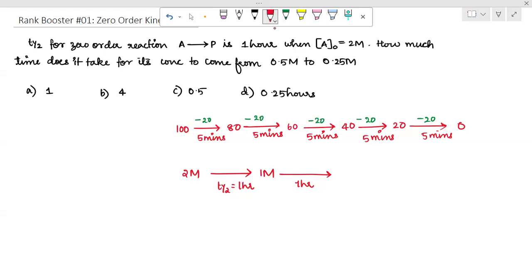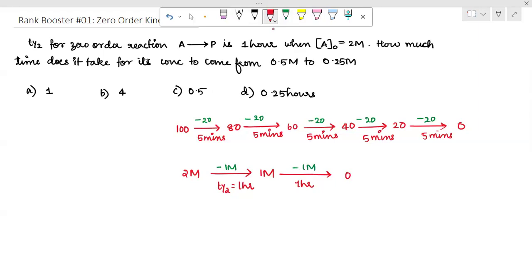So in the next 1 hour, again there is going to be the same dip, and it reaches 0. But you need a difference of 0.25 and not 1 molar. So we will divide both the amount and the time by 4.